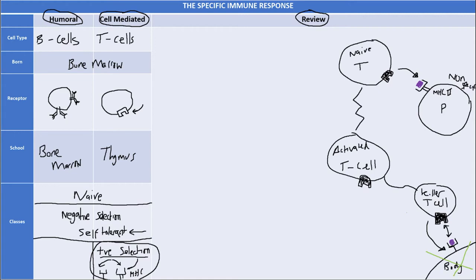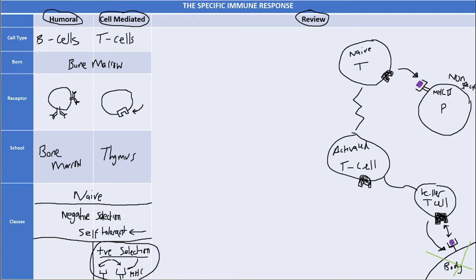That's a fantastic little feature, because if this cell's presenting this virus and this naive T cell's been activated because it knows there's this virus in the area, then every body cell that presents this antigen on its MHC1 will self-destruct, and it will try and not allow the virus to replicate and replicate and replicate. Now that is unbelievable. I think it's awesome, and what a fantastic thing for our human body to be able to do.